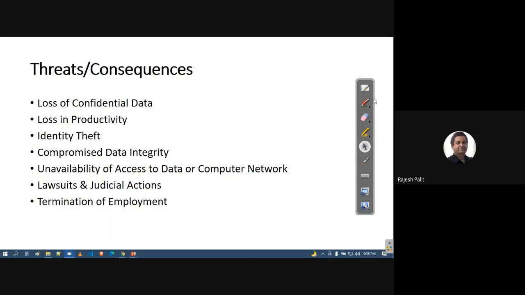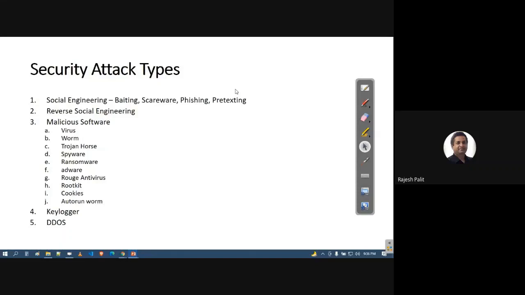So that kind of thing: lawsuits and judicial actions. And your company may fire you due to your negligence or whatever it is. So termination of employment. These are the consequences of an attack on a computer system.